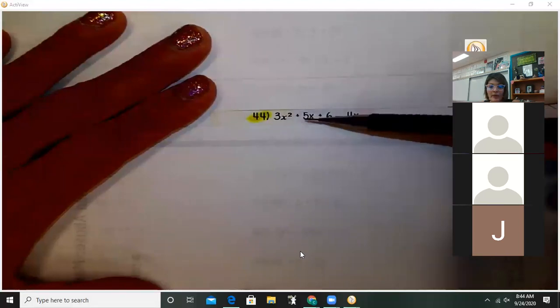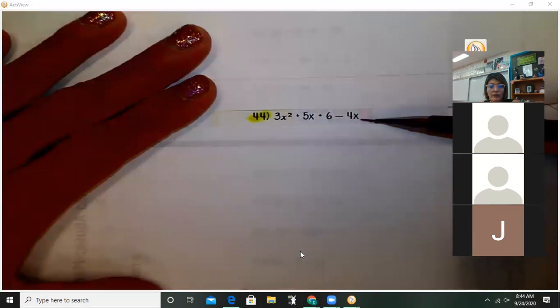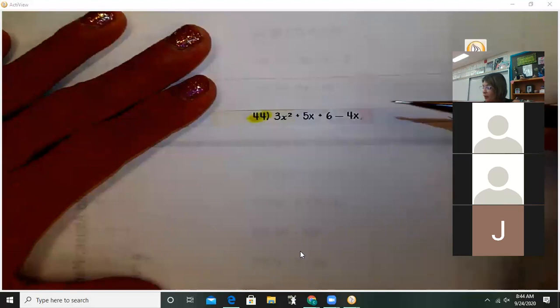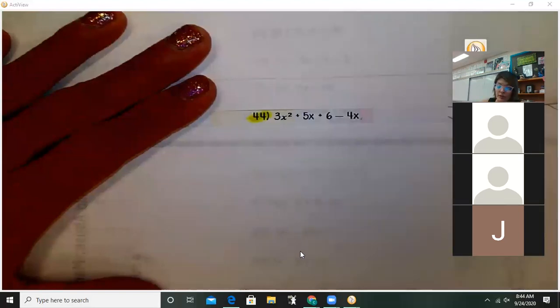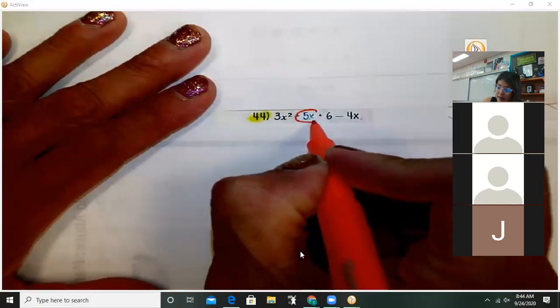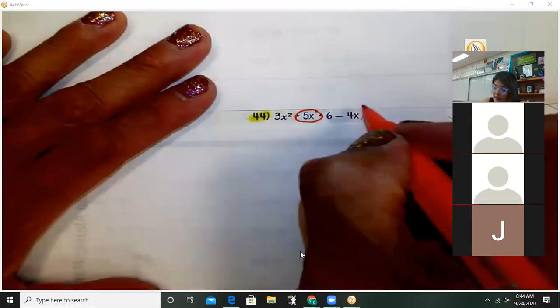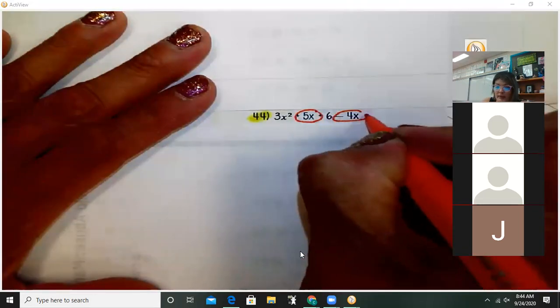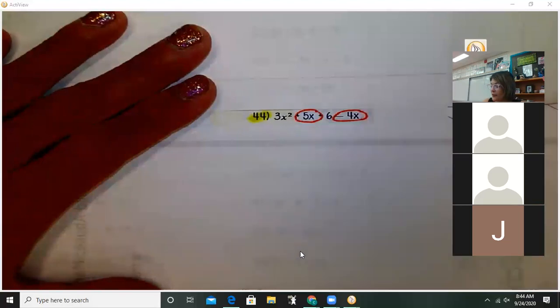So I have 1, 2, 3, 4 terms. Out of these 4 terms, I have 2 of them that are like terms. The like terms have the same variable. So this one is a positive 5x. And this one is a negative 4x. So I add those 2 together.